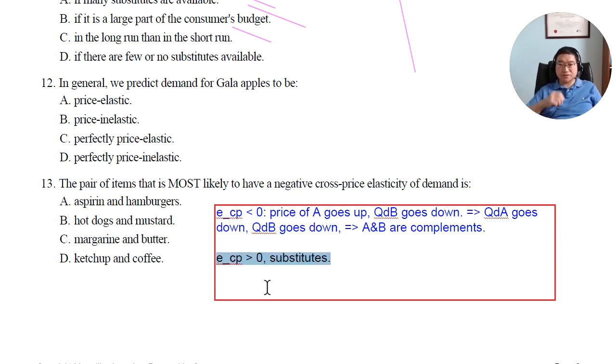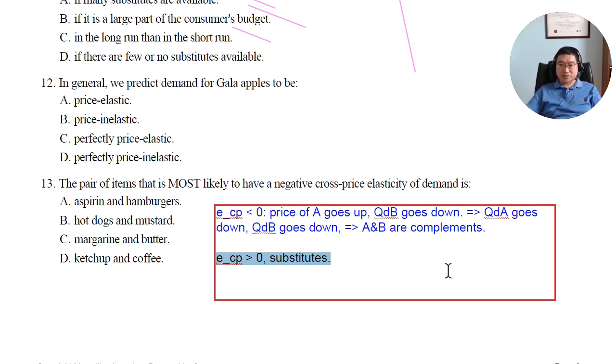Just substitute. The consumption is kind of a negative relationship, but then the cross price elasticity of demand becomes positive. The reason is basically you plug in a demand curve that is a negative relationship.